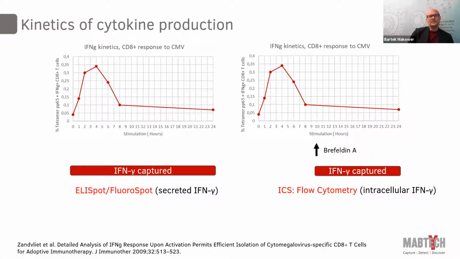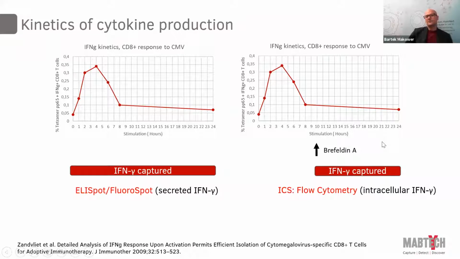And we can see that the peak is between, let's say, 2 and 6 hours. So interferon gamma is released quite swiftly upon stimulation. So if we use ELISpot or FluoroSpot, we will capture all the interferon gamma, so all the area under the curve here. While on the right, if we use flow cytometry, and let's say that we stop with Brefeldin A after 10 hours, we will miss the peak.